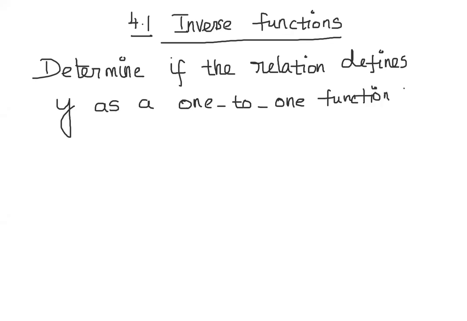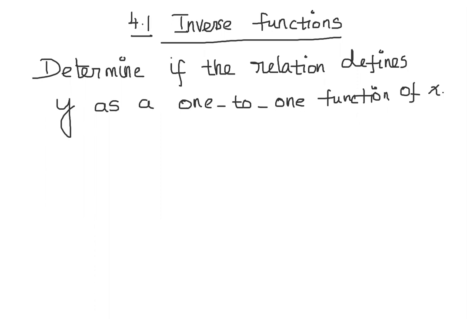We already learned about functions. If any of the x repeats, then it's not a function. But for a one-to-one function, the x cannot be repeated as well as the y cannot be repeated. That's when it's called a one-to-one function.